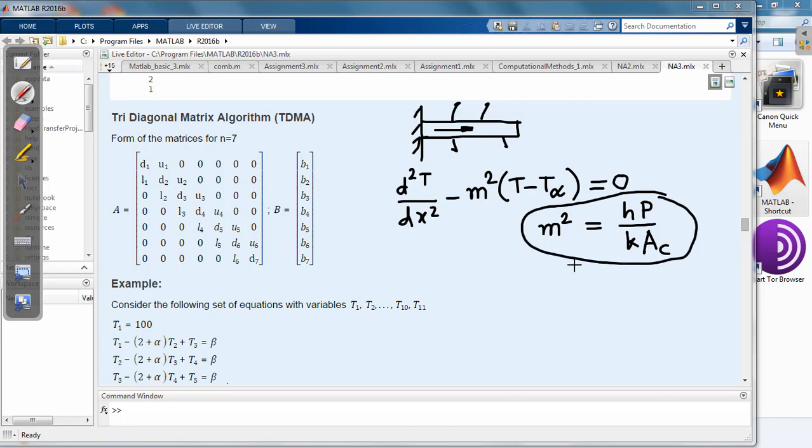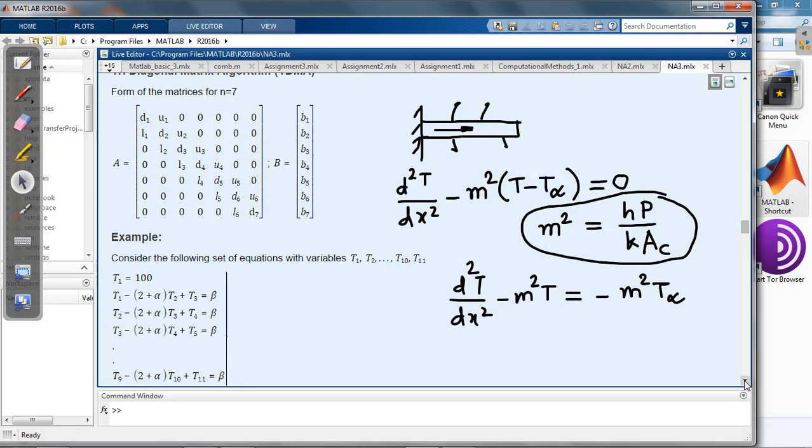This is the governing equation, and we discretize it using the central difference scheme for the second order derivative, and we will get a set of algebraic equations. You see how we can convert these governing equations into a set of algebraic equations.